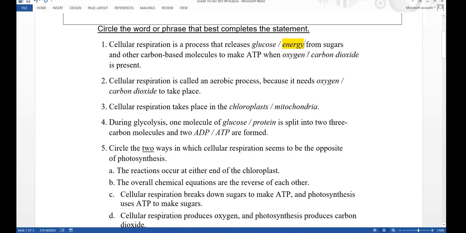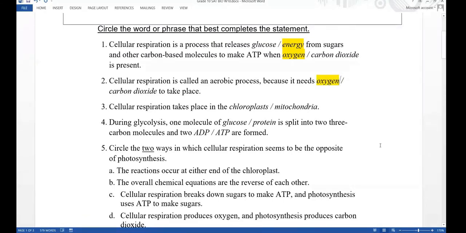Oxygen. For cellular respiration to take place, what is important? Oxygen or carbon dioxide? Oxygen is present. Excellent. Number 2, cellular respiration is called an aerobic process because it needs oxygen or carbon dioxide to take place. Obviously, it needs oxygen, that is why it is known as an aerobic process.